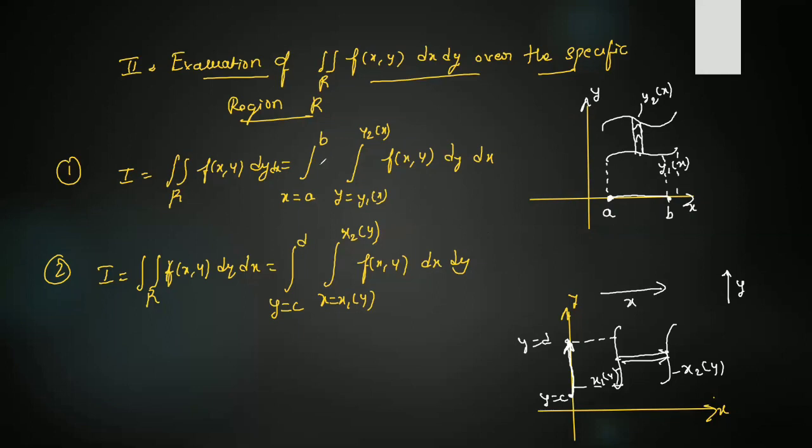For any problem, you can write the integral limits in both ways, and the answer for both integrals will be the same. We'll take one example, then we'll get a clear idea about this. Just remember that one should be independent and one should be dependent, depending on the other variable.